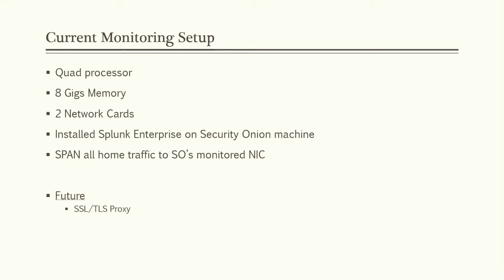But the gist of it is that I've installed a Security Onion instance on an ESXi host, and then from an Ethernet switch, I've spanned all of my network traffic to the network card on the Security Onion VM. So it's getting a complete representation of all my home network traffic.